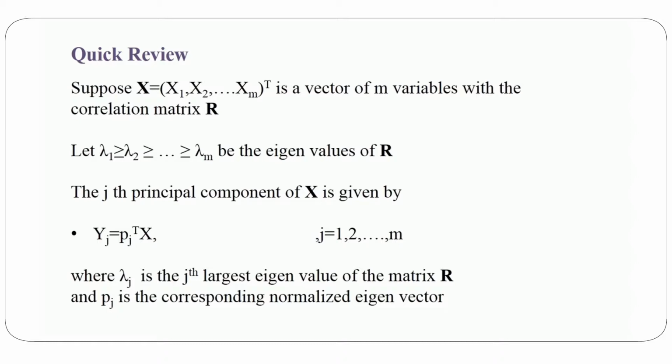So, suppose X is a vector of m variables with the correlation matrix R. Let lambda 1 greater than or equal to lambda 2 greater than or equal to lambda m be the eigenvalues of the matrix R. Then the jth principal component of the variables x1, x2, xm is given by yj equal to pj transpose x, j running from 1 to m. Here pj is the normalized eigenvector corresponding to the eigenvalue lambda j of the matrix R.